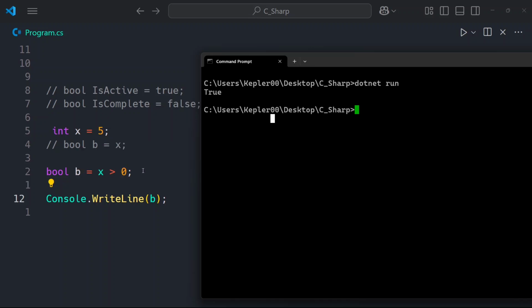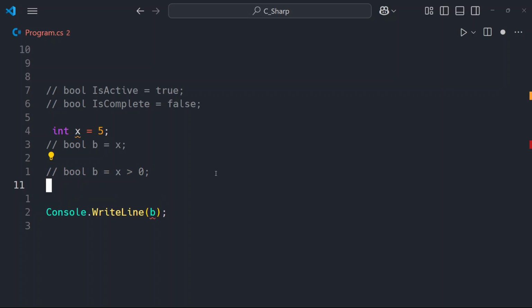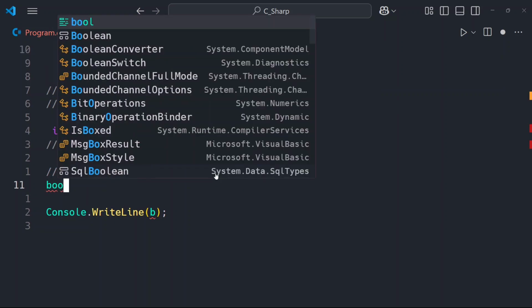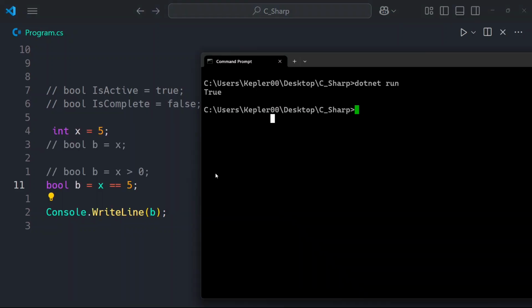If I say bool b equals x is equal to 5, and I say dotnet run, it is true because x is literally equal to 5.